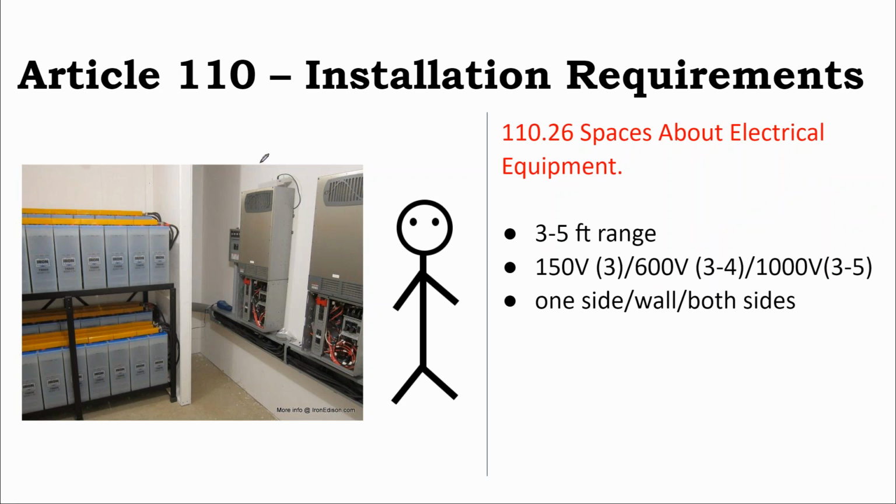When I'm thinking about room planning for 600 volt solar equipment and associated equipment, as far as clearance space goes, it's 3 feet if there's nothing behind you. It goes up to 4 feet if there is something behind you. And there's also a middle condition.